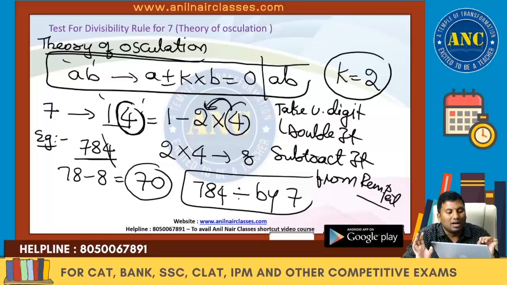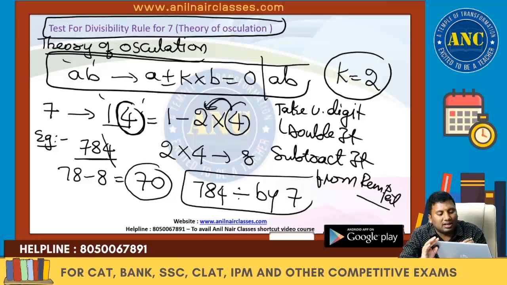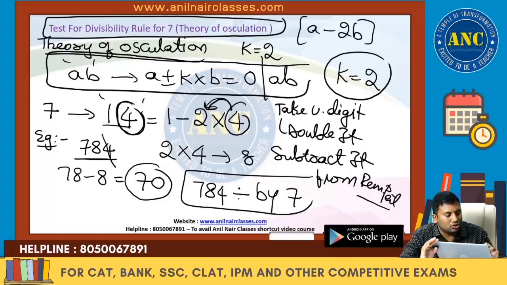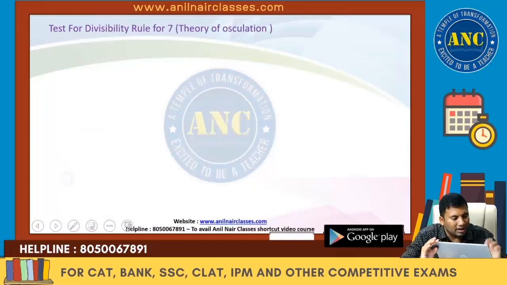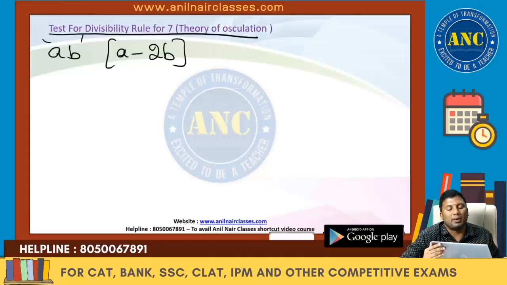Are you all with me? So the test for divisibility by 7 says that the k value is 2. That means the divisibility rule for 7 is a minus 2b, where a is any number. The concept is a minus 2b.